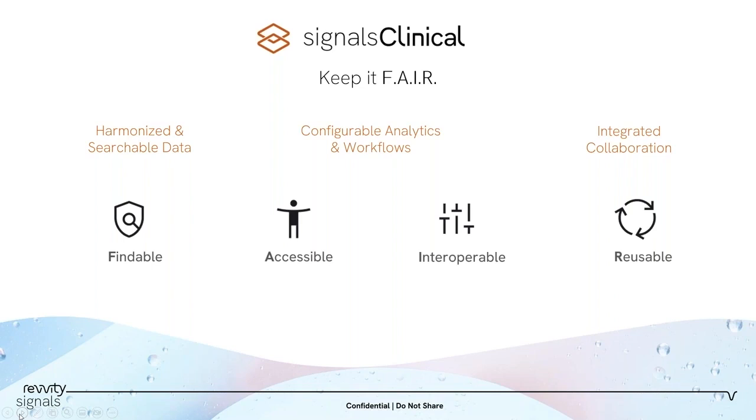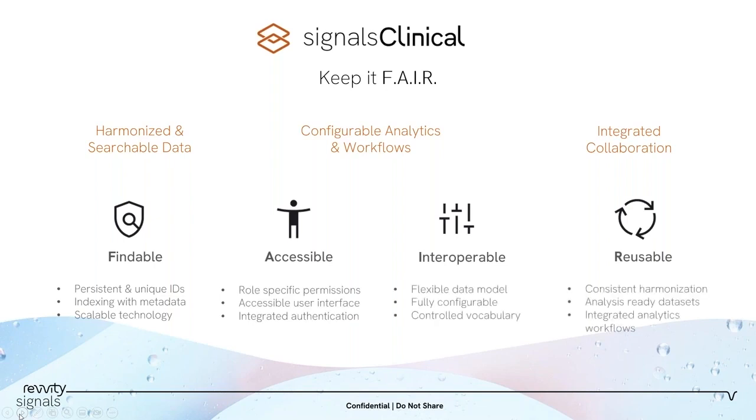What FAIR means is that for your data to give you the most benefit, it needs to be findable, accessible, interoperable, and reusable. And each of these factors comes with its own set of guidelines as to what needs to be addressed for it to be findable, what needs to be addressed for it to be accessible.